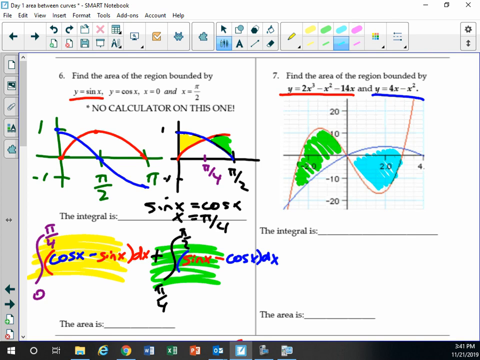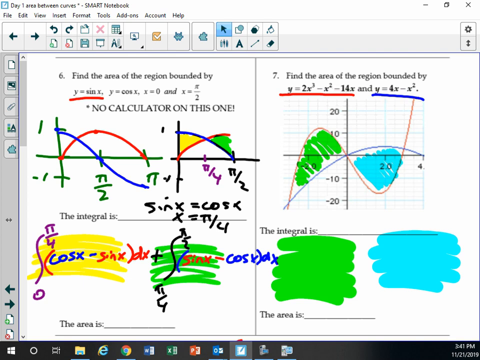So I'm going to set up both of them for you. You need to know where they intersect. And you'll notice that they intersect right here at -3, here at 3, and here at 0. And then you can also verify that by doing the math, setting them equal to each other and solving them.